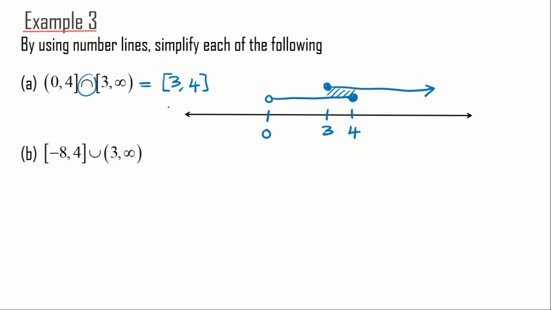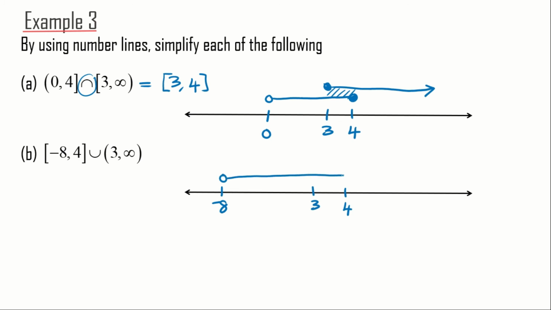Okay, the next one, we have from negative 8 to 4, union with 3 until infinity again. From negative 8 until 4, negative 8 is closed, 4 also closed, and then we have here from 3 to the right again.